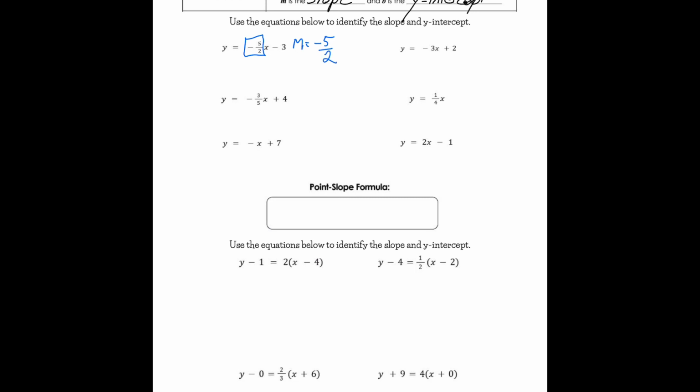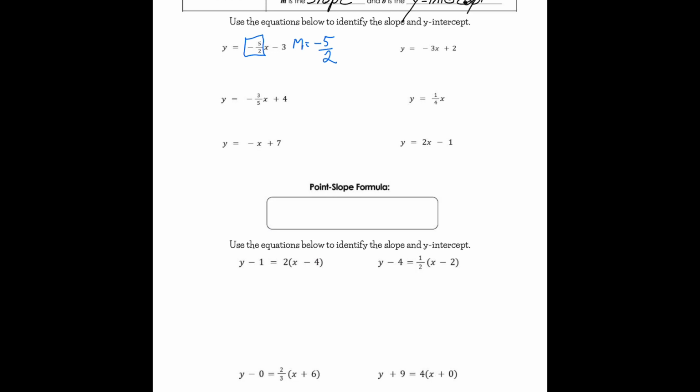Our y-intercept is the letter b in our equation. Now the equation says plus b. When I look at this example, there's a minus sign. That's okay. It can either be a plus sign or a minus sign, or sometimes there won't be any sign at all, as we'll see in one of our examples. It doesn't matter if it's a plus or a minus.